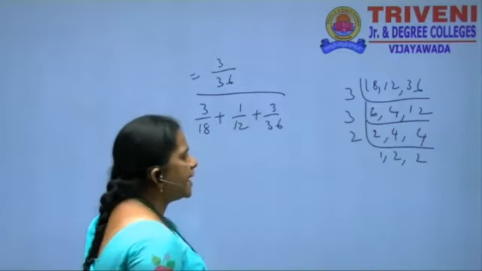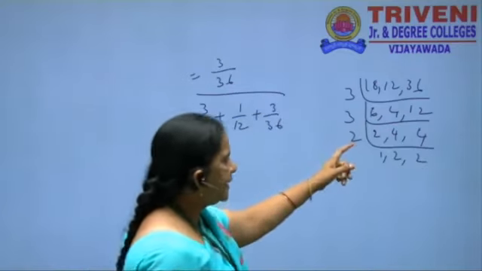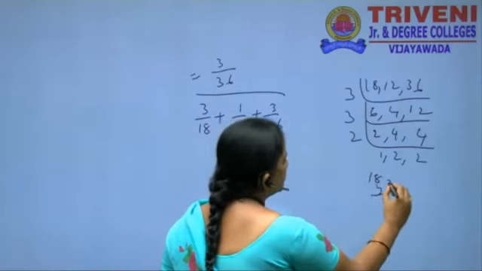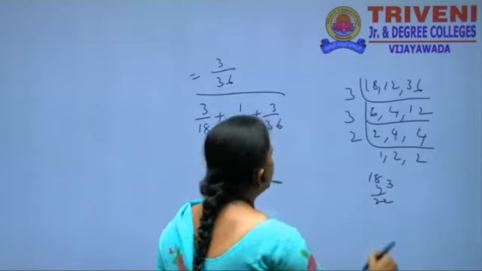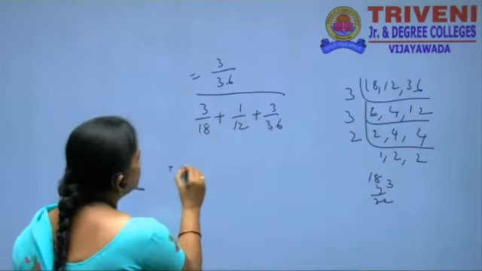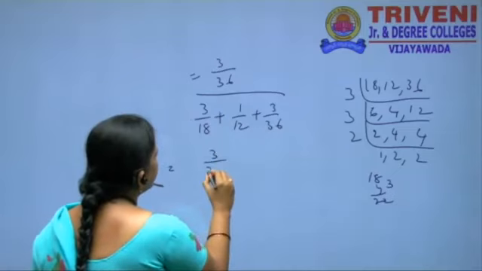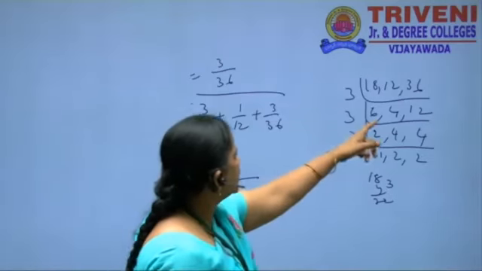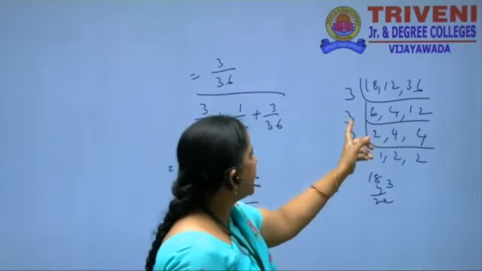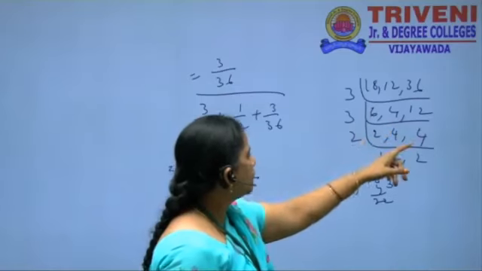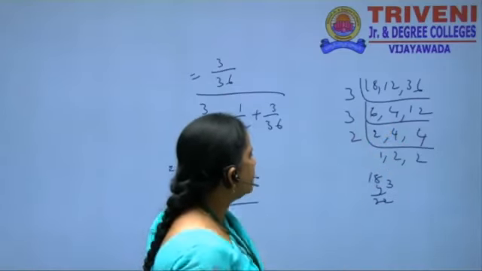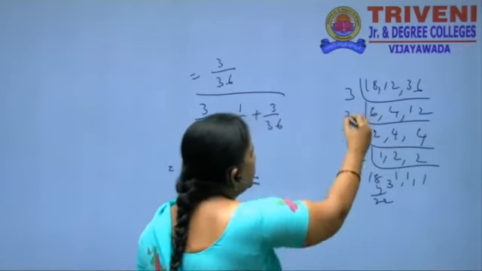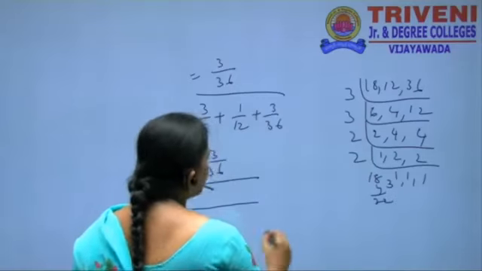Then 3 3s are 9, 9 2s are 18, 18 into 4 is 72. Here the LCM is 3 times 6, 4, 12 and again 3, 2, 4, 4 and again 2, then 1, 2, 2, then 2, 1, 1, 1. 3 3s are 9, 9 4s are 36.